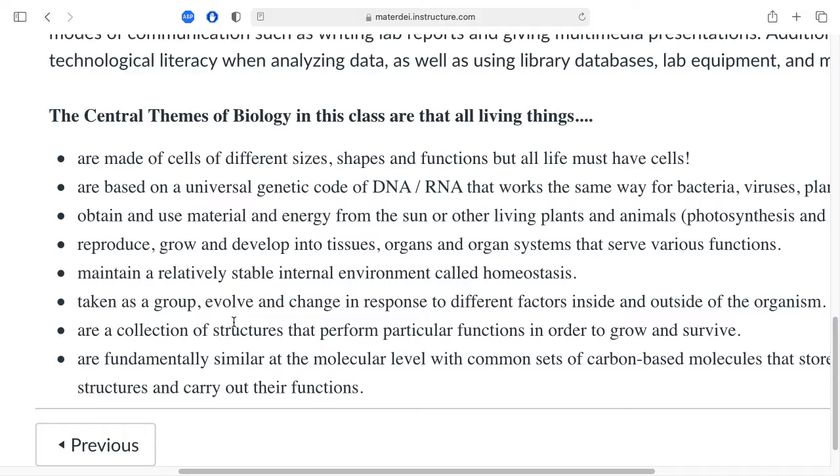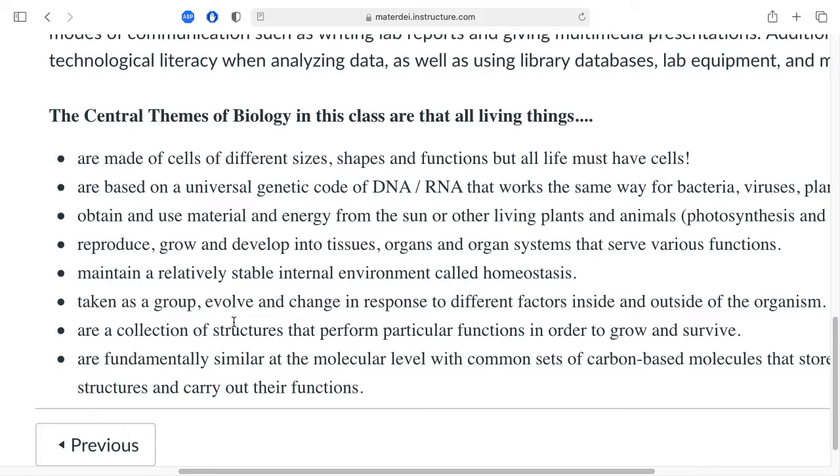We're going to talk about the mitochondria and the chloroplast, how cells obtain and use energy. We will touch upon the various levels of organization of living things. Now we're talking plants, animals, and viruses and bacteria. They all have the same basis of life.